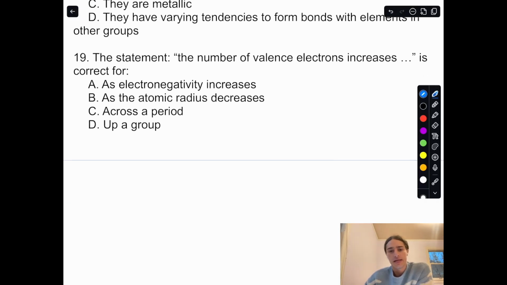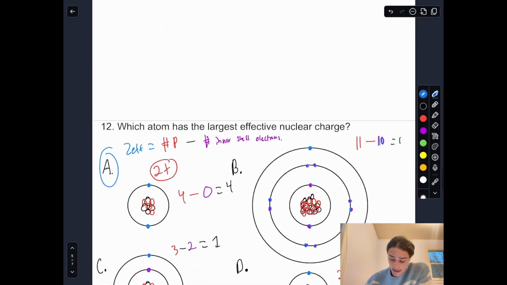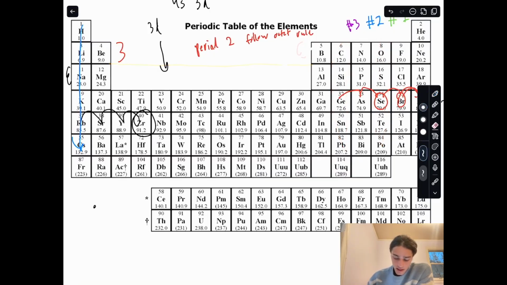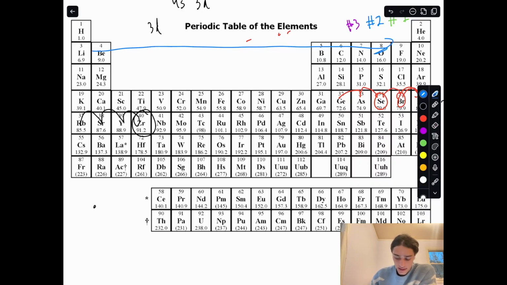19. The statement "the number of valence electrons increases..." is correct for, okay, so we need to fill in the blank. A, the number of valence electrons increases as electronegativity increases. That's not going to be true, because electronegativity increases as you go across a row, and the valence electrons do increase as you go across the row, but they also increase going up a column.